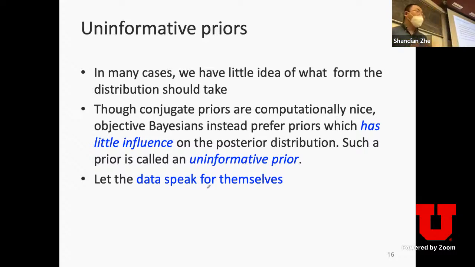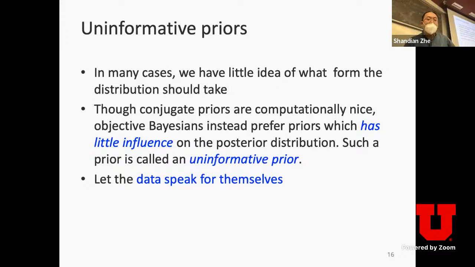So what if I want to make my estimation more objective? In that sense, I don't want my posterior distribution to be largely influenced by the prior. Then what kind of prior should we use to ensure that the posterior distribution is mostly determined by the data rather than the prior?